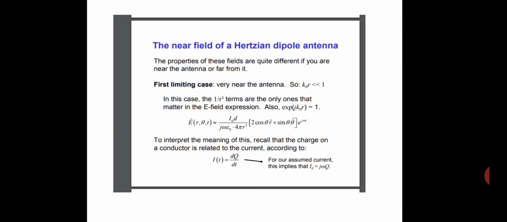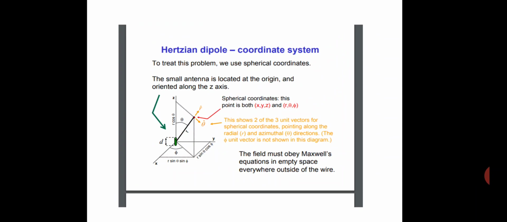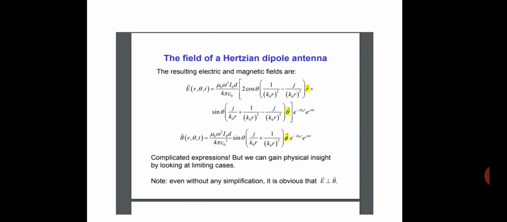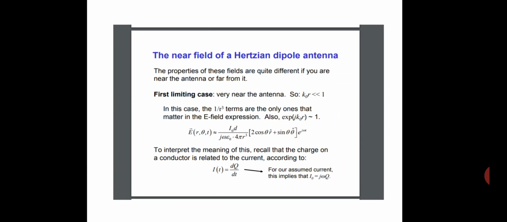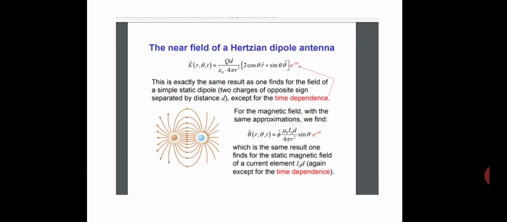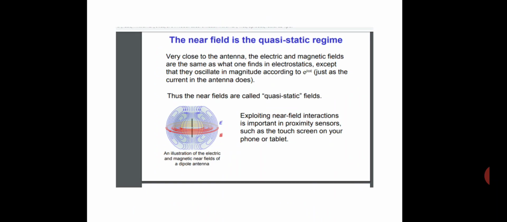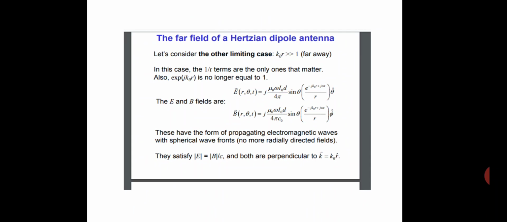The Hertz dipole antenna coordinate system, the electric and magnetic field equations of the Hertz dipole antenna, the near field equations, and the far field of the Hertz dipole antenna. These are the equations of the electric and magnetic field of the far field.